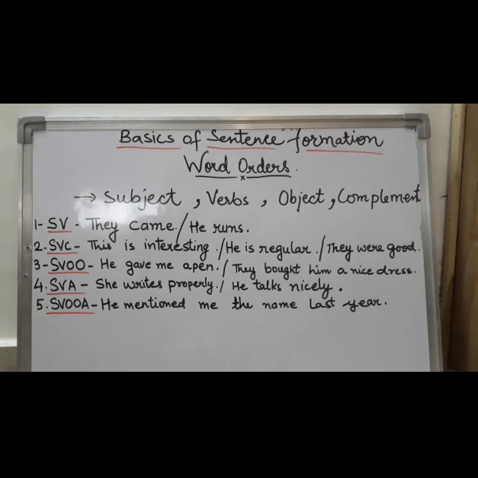For example, he gave me a pen. Me is an object and a pen is an object. Let's see another one. They bought him a new dress. So here you are using 2 objects, so it is given in the form of SVOO.